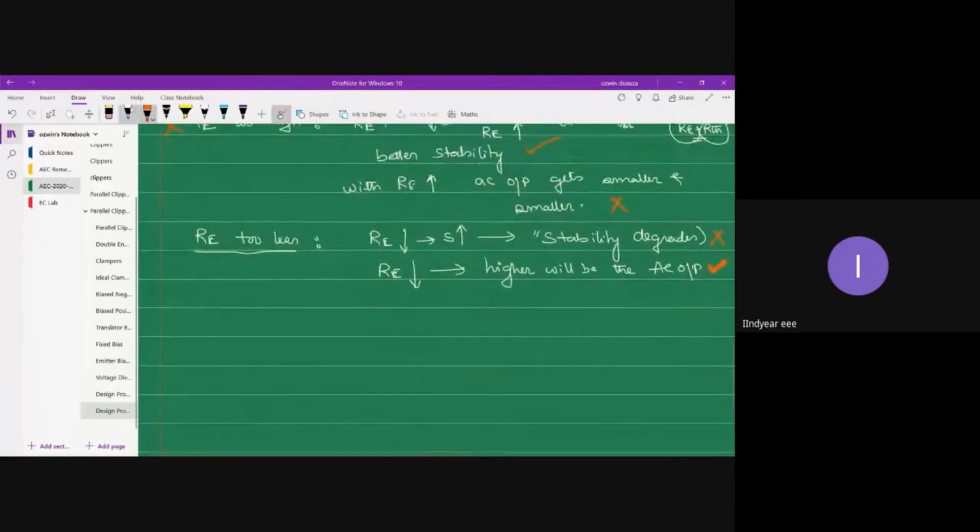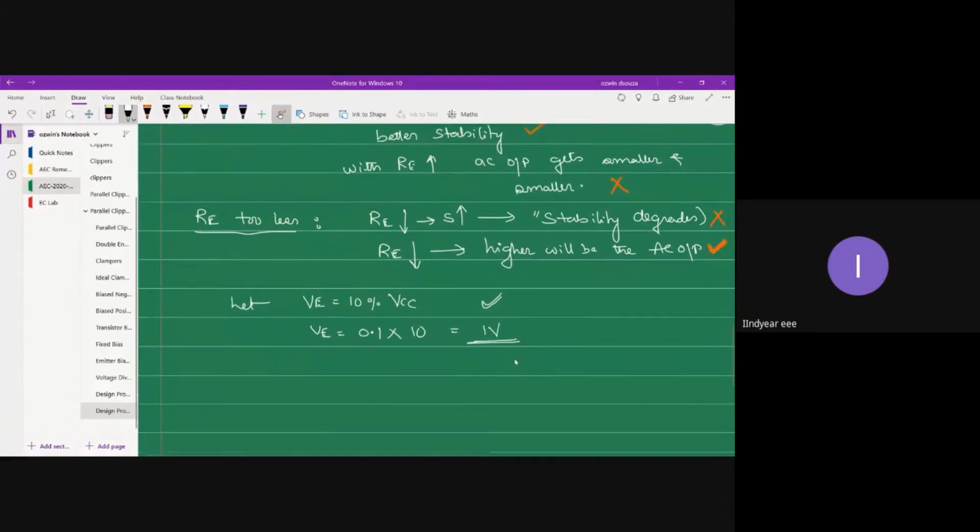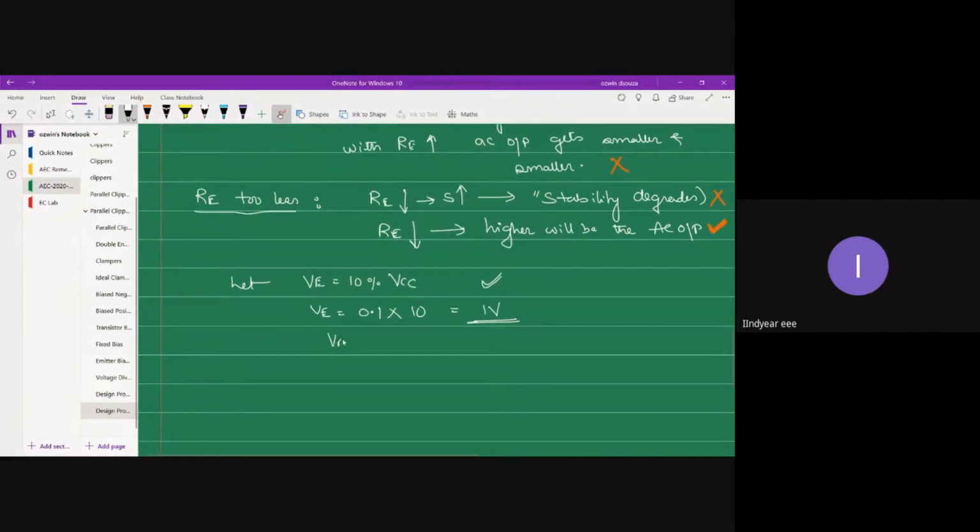Fine. So let me rewrite it. Let VE be equal to 10% of VCC. Please don't change this percentage. This is a design rule. So VE is 0.1 into VCC. VCC is given as 10 volts, so it is 1 volt. But what is VE?